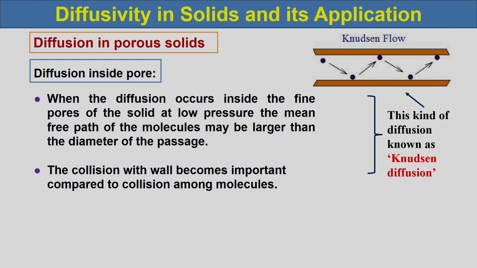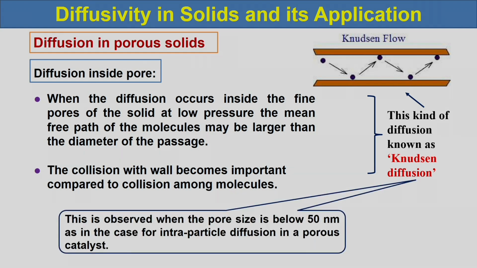channels and collide with the wall of the passage. In this case, the mean free path of the molecules is larger than the diameter of the channel. So, this we can call Knudsen diffusion, and in this case the collision with the wall is important compared to the collision among the molecules.